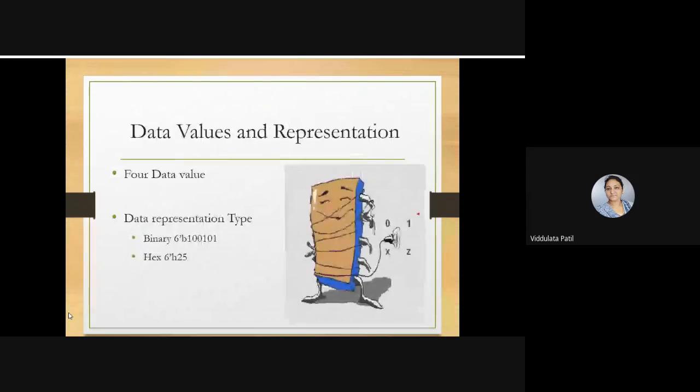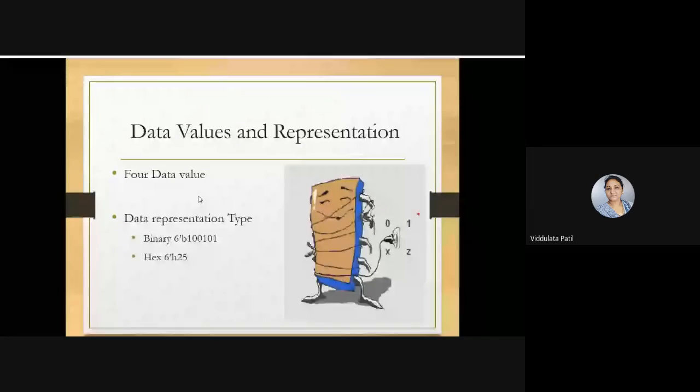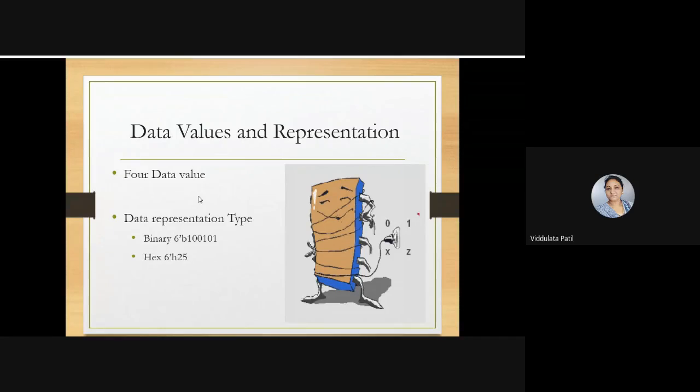So here you can see that we have 4-valued data, that is 0, 1, Z, and X. And whenever we are representing this data, if it is a binary number we use B, if it is a hexadecimal number we use H, if it is an octal number we use O, and for decimal it is D. So if we want to represent a binary number, then 6'b100101.